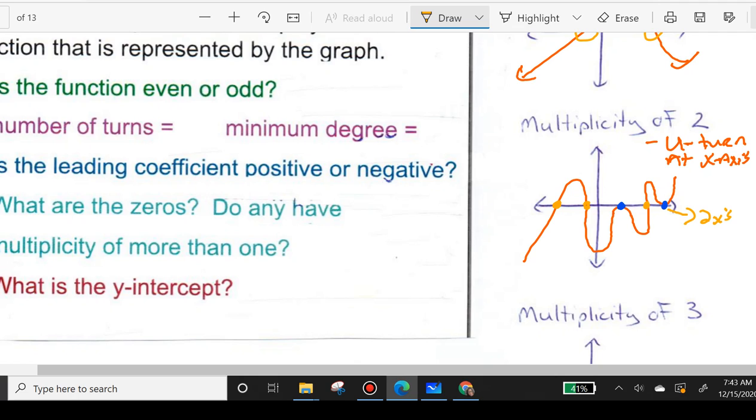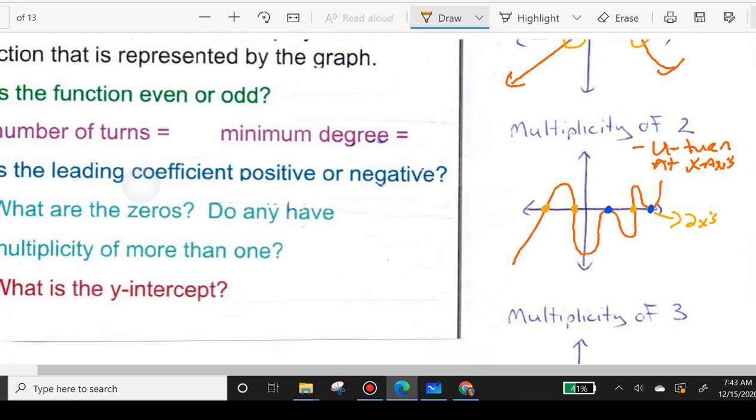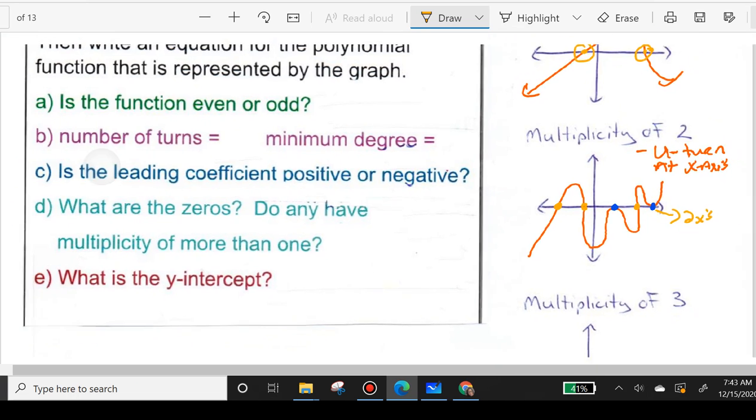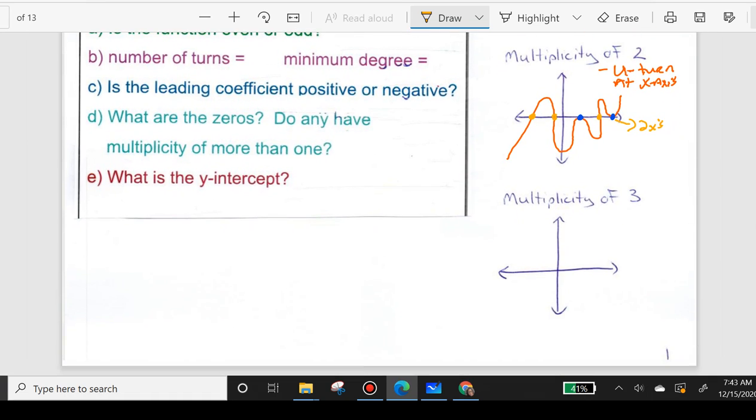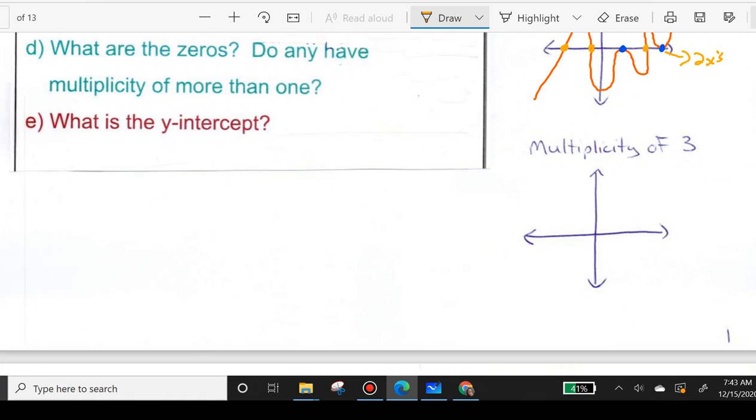And then the last type of multiplicity, there is one more, is going to be when there's a multiplicity of 3. Sorry, I just need to move this up a little bit first. So when there's a multiplicity of 3, what's going to happen is it lingers. It doesn't pass straight through the x-axis.